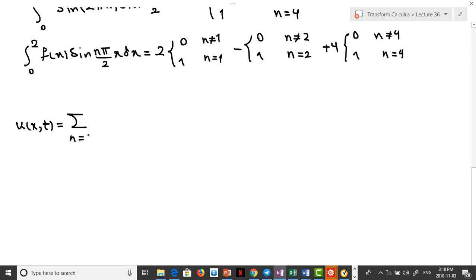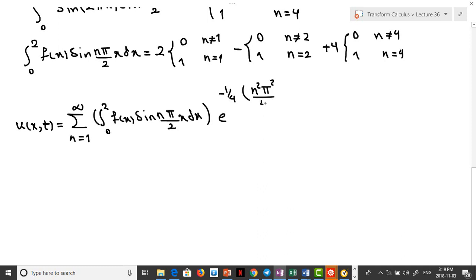Summation of n from 1 to infinity of the integral from 0 to 2 of f(x) sin(nπx/2) dx times e to the power of minus k, so k is 1/4, n squared π squared divided by L squared, so L is 2, so it's going to be 4, times t, times sin(nπx/L), so L is 2, so nπ over 2 x. And we found this integral here.